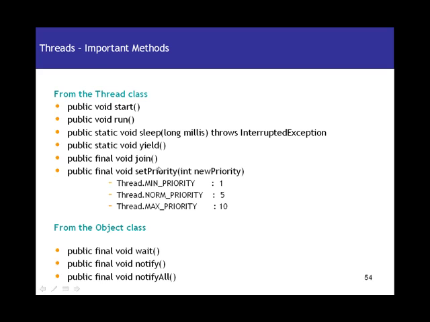The next method is join. Let's say that we have two threads, thread A and thread B. And you have some kind of precondition where you want thread B to start only when thread A is complete.